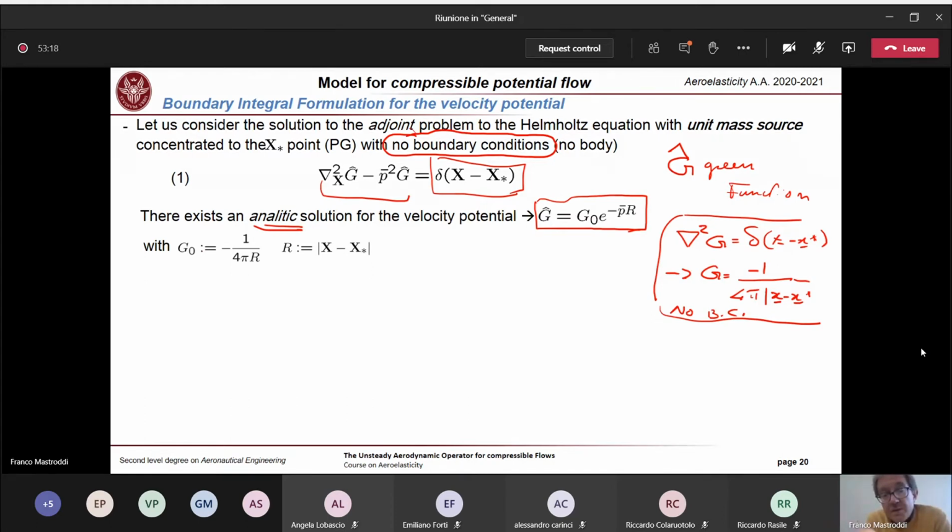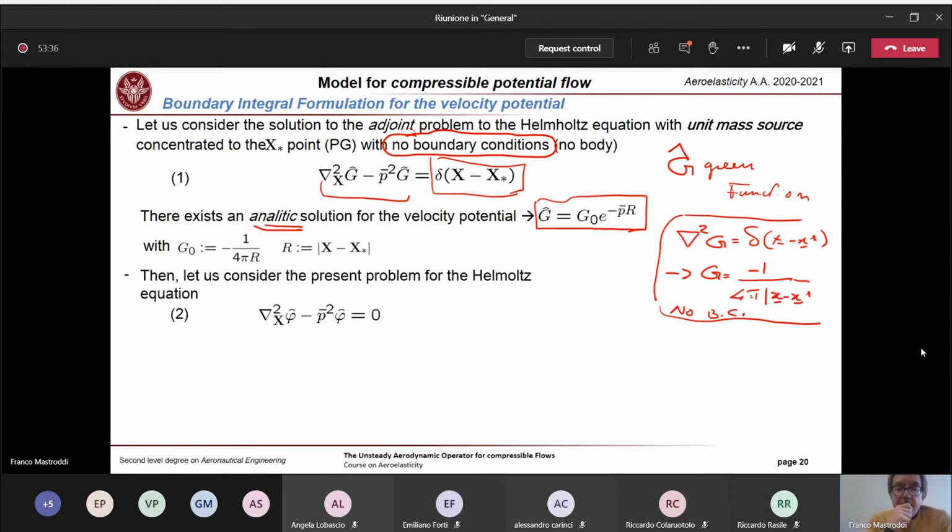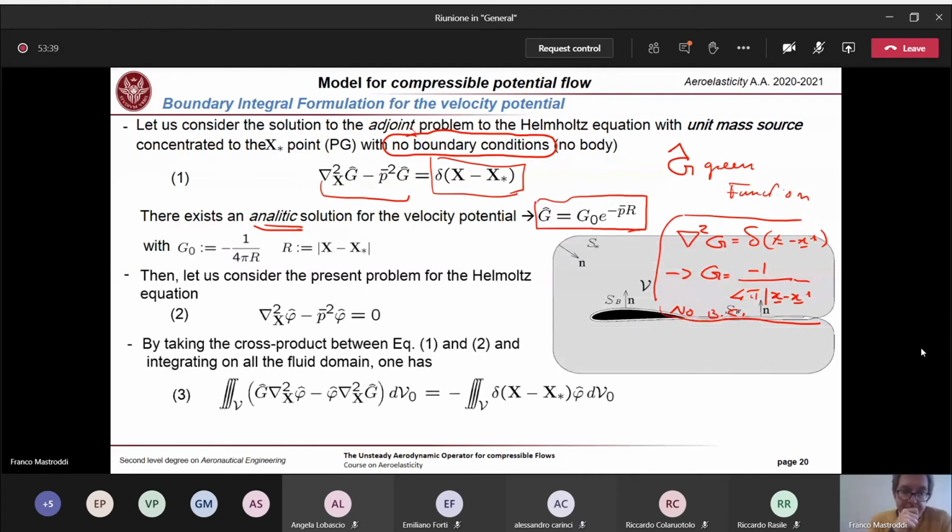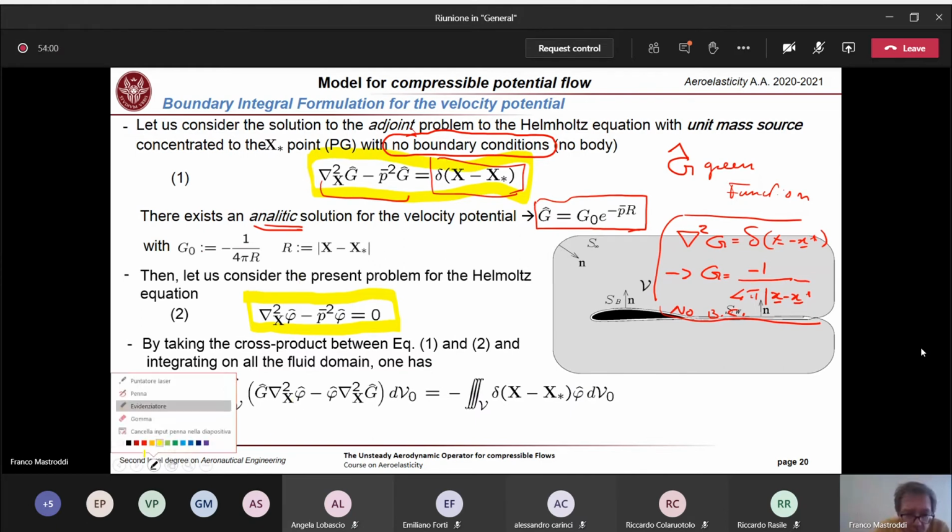Okay, so we have a Green solution for the associated dual problem. The dual problem satisfies not the original problem, but the original problem equal to a Dirac forcing term, with no boundary condition. At this point, we have my original equation transformed, and we have the elementary equation with G, and we can combine these two relationships in the usual way.